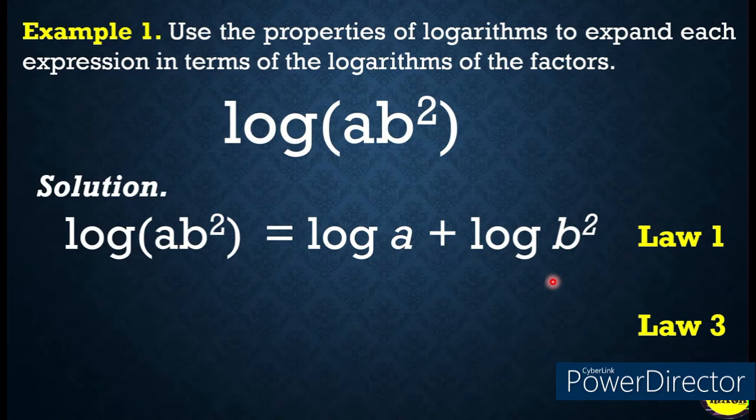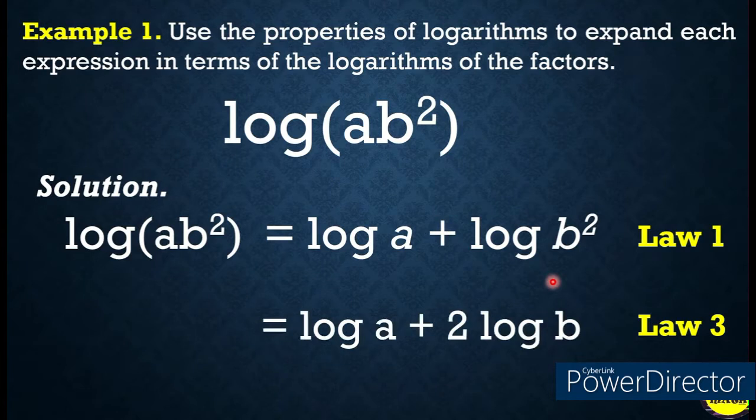So copy log a plus, so yung 2 ilalagay na natin sa unahan ng logarithm natin. So logarithm of a plus 2 times log b. Okay, so the final answer will be log a plus 2 times log b.